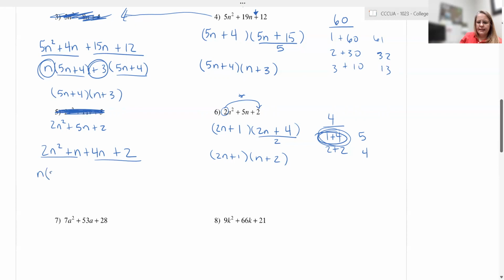I factor out an n, I've got 2n plus 1. Here I factor out a 2, I've got 2n plus 1. Then I factor that 2n plus 1 out. And then I'm left with n plus 2.